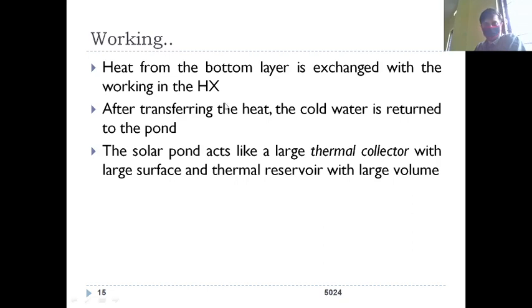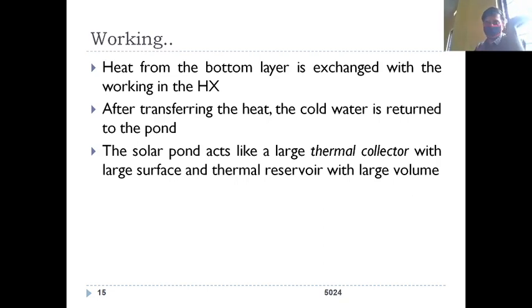After transferring the heat, the cold water is returned to the pond. So the bottom layer will have hot water, which will be transferred to the storage tank or the application user interface, and after transferring that heat in a heat exchanger, the cold water will be returned to the bottom layer again.